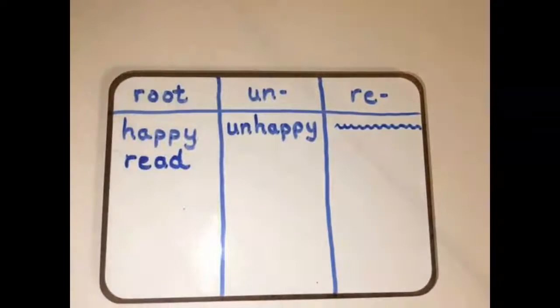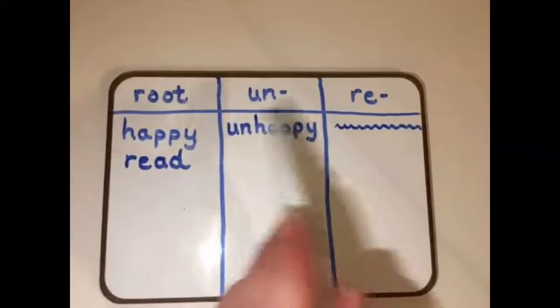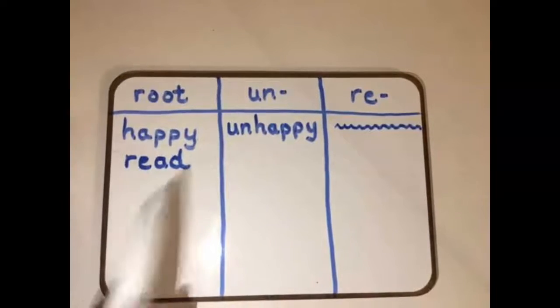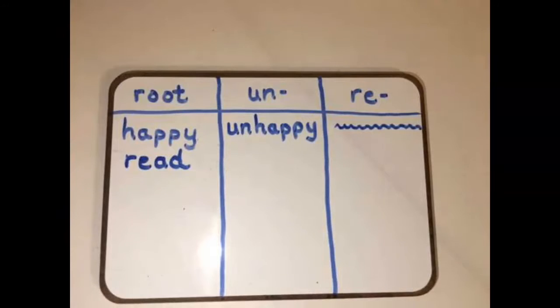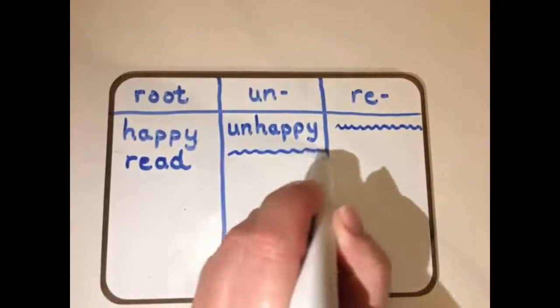Okay, like you're going to read a book. So if we put the prefix un with read, we would say unread. Does that make sense? Remember, un means not. Would you unread something? You've already done it, you're going to unread it? No. So that really doesn't work there. So we'll just put our squiggly line.